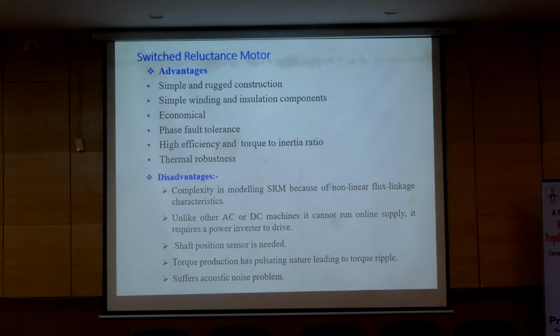Because these phase currents are highly pulsating in nature, and the torque is a function of current, if the current is pulsating, obviously the torque is also pulsating. So that is one thing.